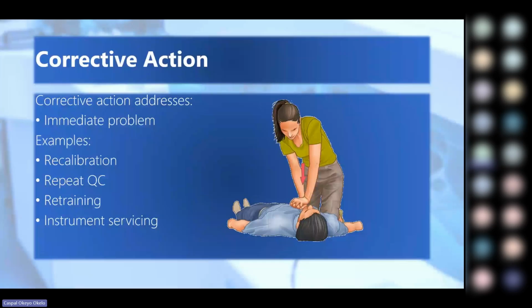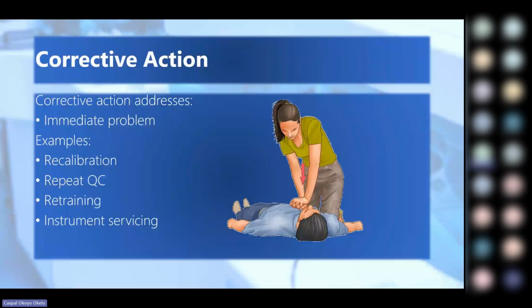We don't start analyzing the cholesterol history of this person when they've just collapsed from cardiac arrest. Instead, you are performing CPR because CPR is urgent. It will help stabilize this patient. It will save the moment. But CPR is not going to cure the heart disease that this guy has.